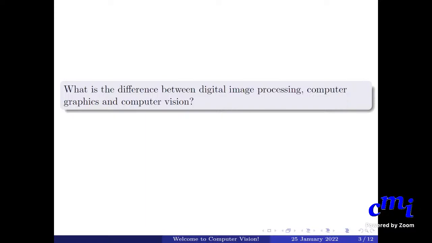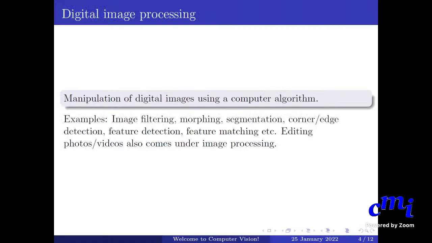So digital image processing is the process of manipulating a digital image using some algorithm. Okay, so this is typically what you would do on Adobe Photoshop, or you can do this in many other software also.